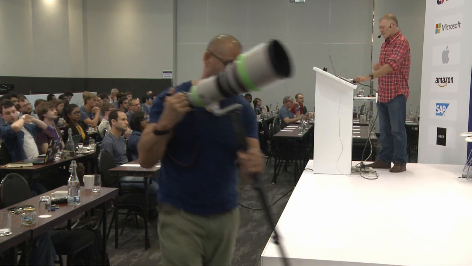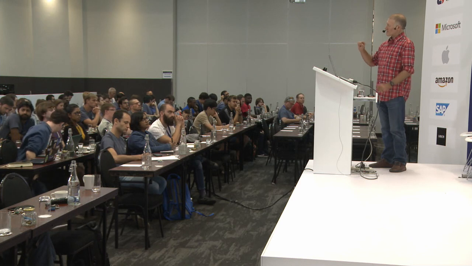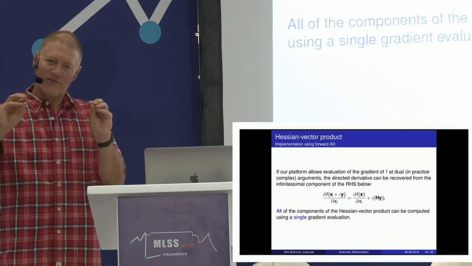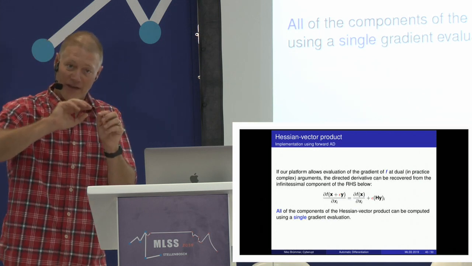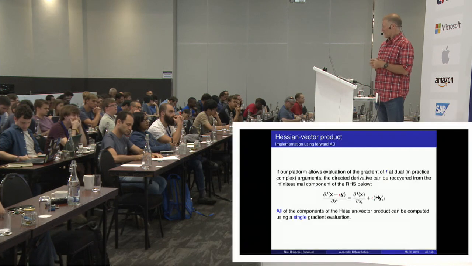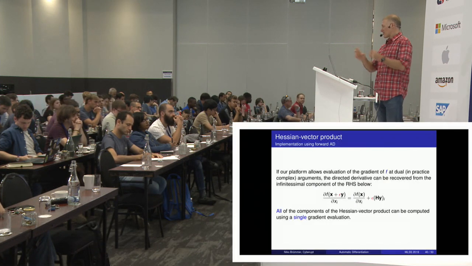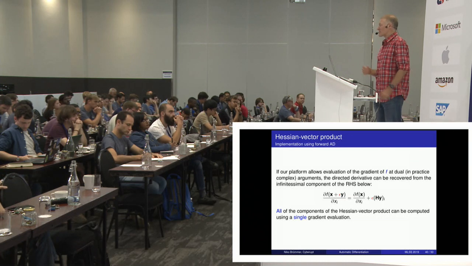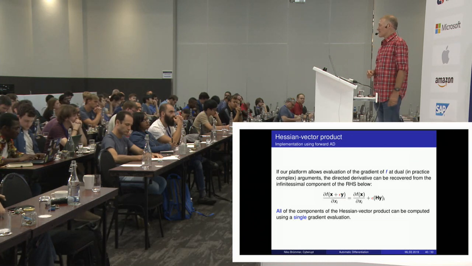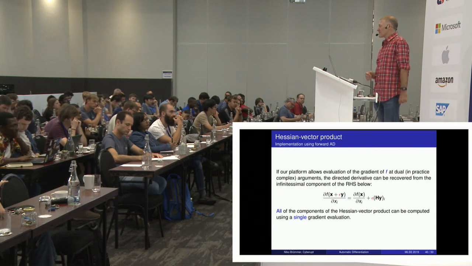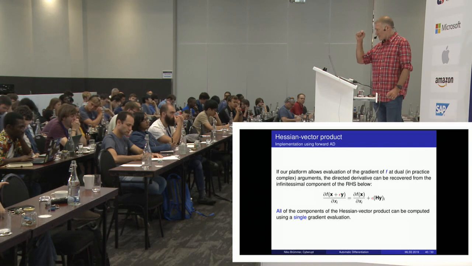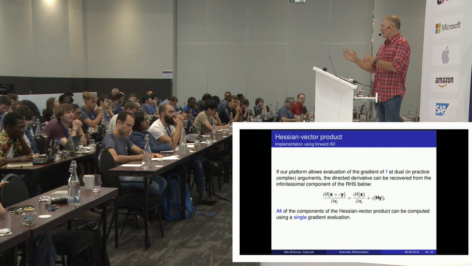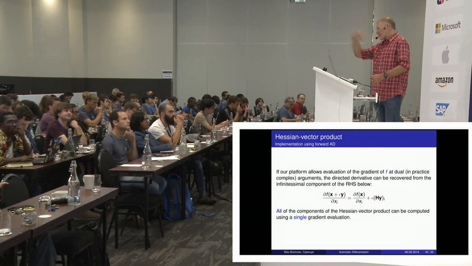There's just one epsilon. So you need to, in practice, add the complex component to your input before you evaluate the forward function. You can't evaluate the function at the real argument and then decide afterwards, oh yes, I want to do the Hessian vector trick. So you need to send the augmented argument into the function at the beginning, and then do the back propagation.